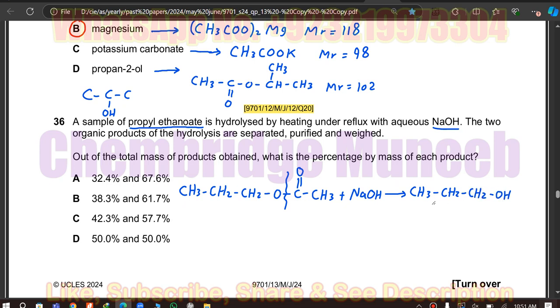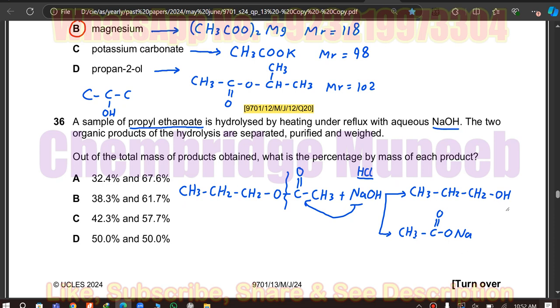This is now the propanol here, and then the other product in this case will be the sodium salt of the carboxylic acid, because we are using alkaline NaOH. If we had used HCl, then the product would have been the carboxylic acid. So here we are using sodium hydroxide, so the product will become CH3COONa. This is the salt of the carboxylic acid. In this case, it is sodium ethanoate.